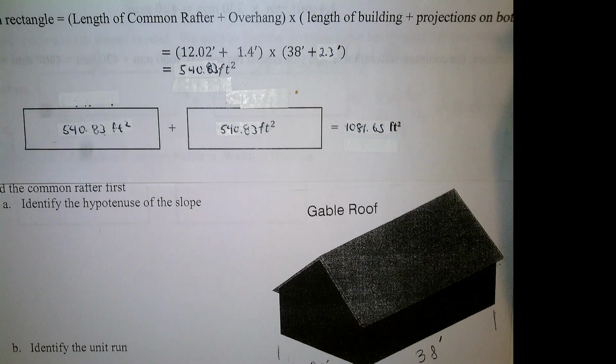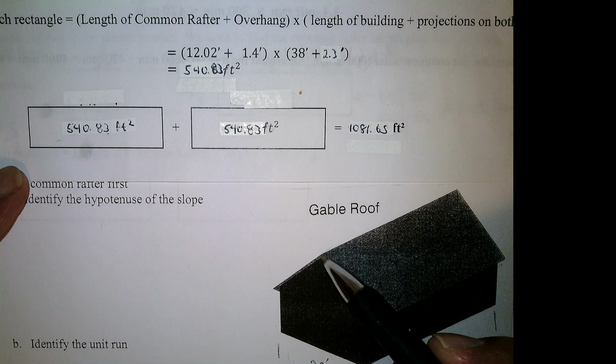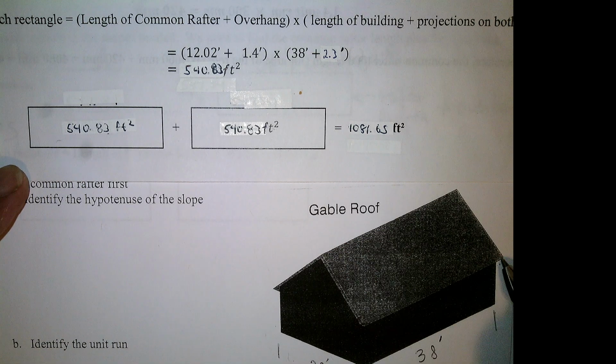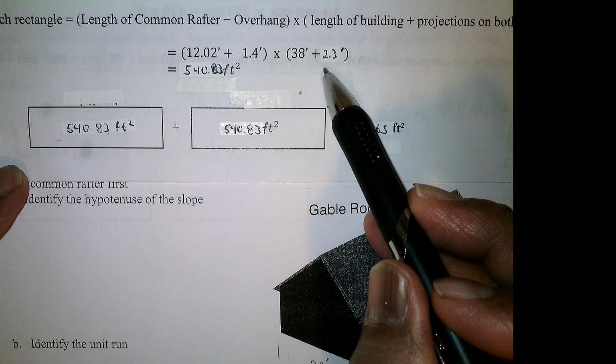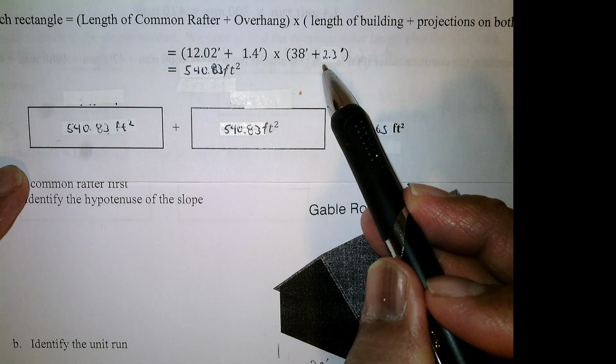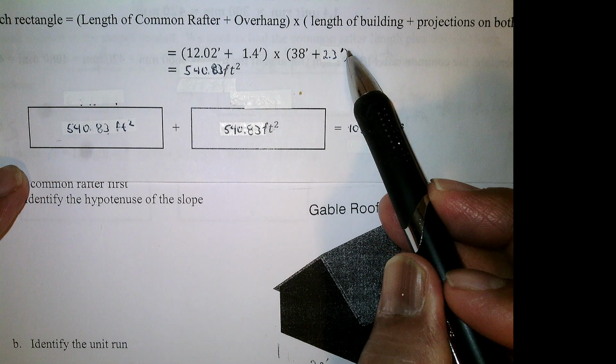This side is 12.02 plus 1.4 feet. Now this side is 38 feet plus projections on each side. 14 inches plus 14 inches is 28 inches. 28 divided by 12 is 2.3 feet.